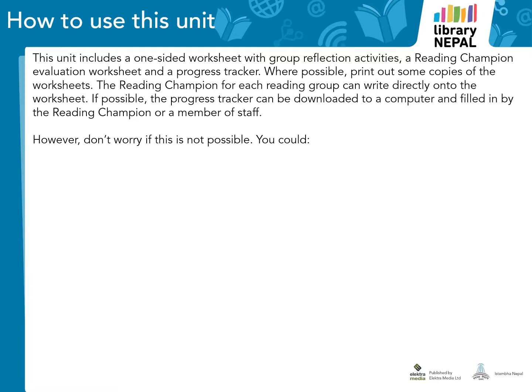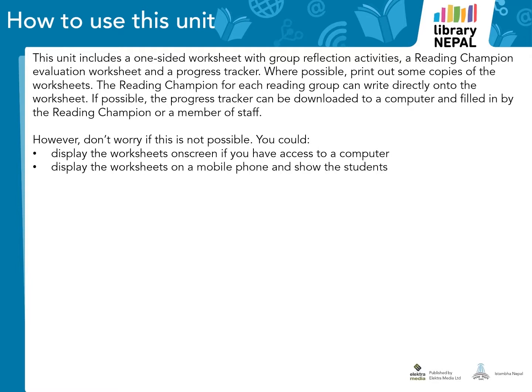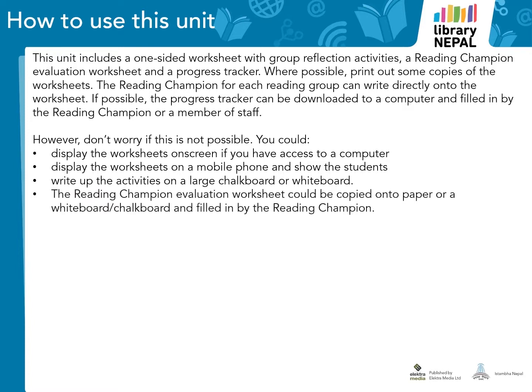You could display the worksheet on screen if you have access to a computer, display the worksheet on a mobile phone and show the students, or write up the activities on a large chalkboard or whiteboard. The Reading Champion worksheet could be copied onto paper or a whiteboard or chalkboard and filled in by the Reading Champion.